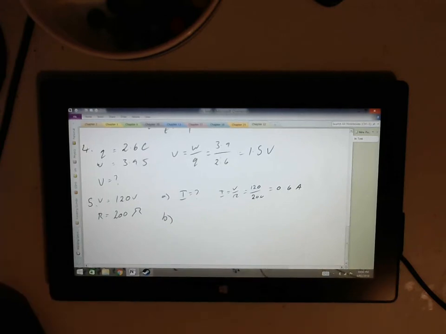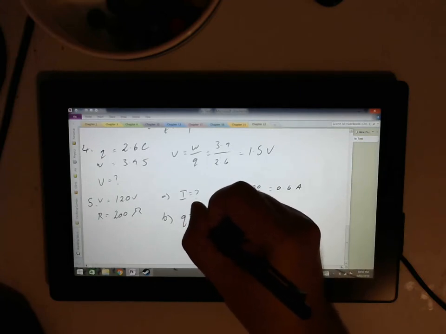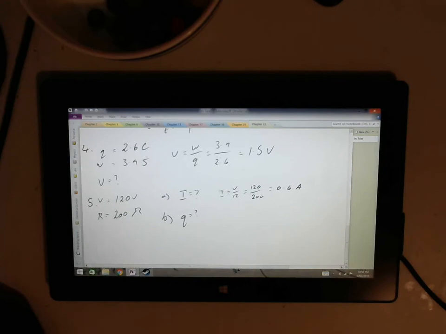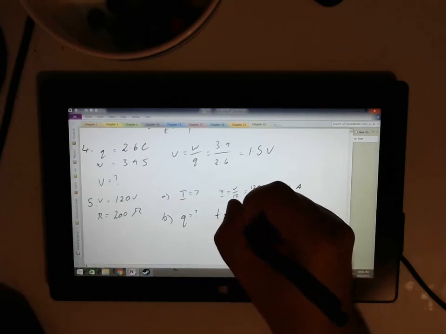Part B, how much charge, remember charge is electrons, or the Q value here, flows through the bulb every hour. So we are asked about Q, and the question also says every hour. That's a time. It's a worded one, but it is a time.